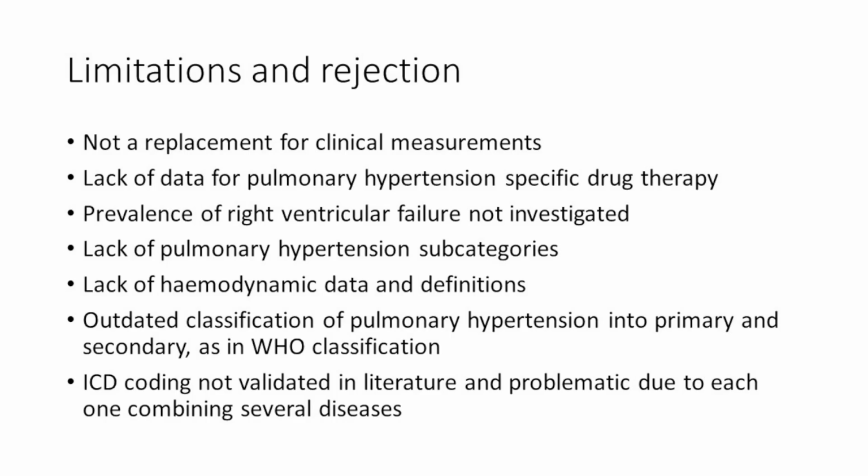So we weren't really able to collect hemodynamic data. We could only really collect patients categorized into pulmonary hypertension under codings like the ICD-9. And so as a result, this was problematic, and perhaps one of the major limitations in our study design was using this database.